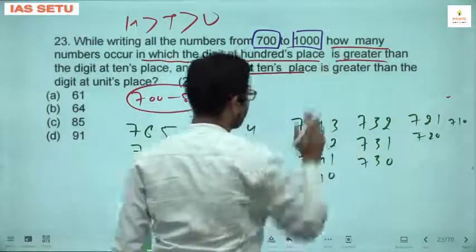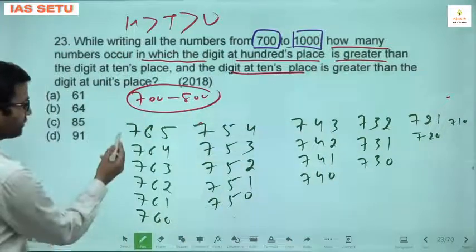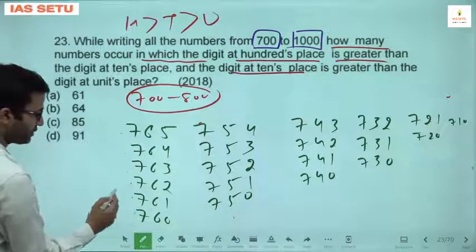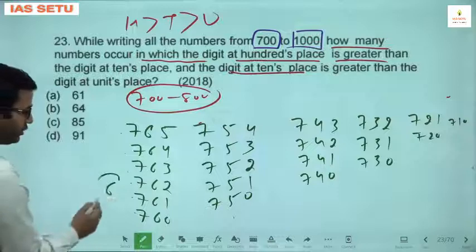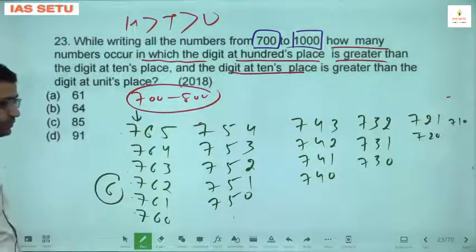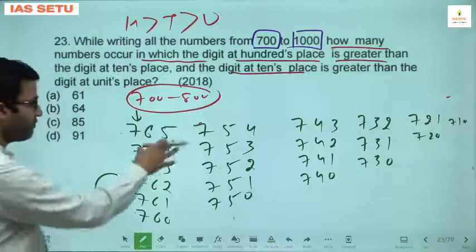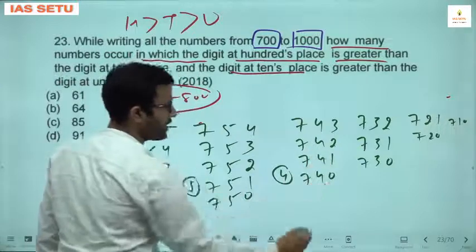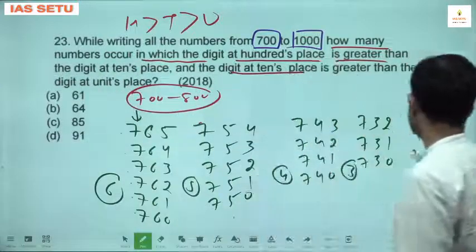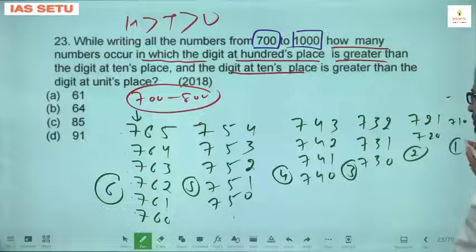But there is one thing which helps you. If you count the numbers here, 1, 2, 3, 4, 5, 6, then it will be 5, 4, 3, 2, 1 sequence. So in the 760s, we have 6 numbers, 750s we have 5 numbers, 740s we have 4 numbers, 730s we have 3 numbers, 720s we have 2 numbers, 710 one number.